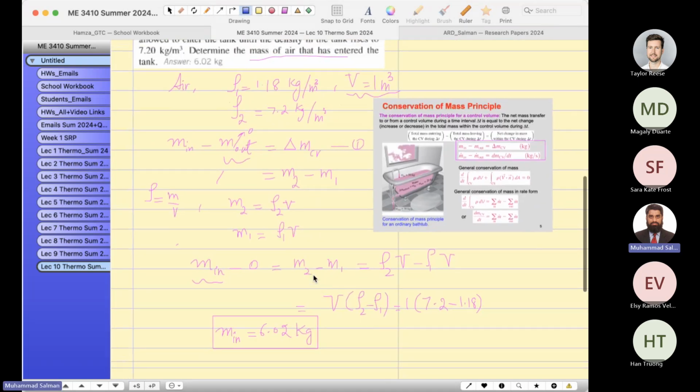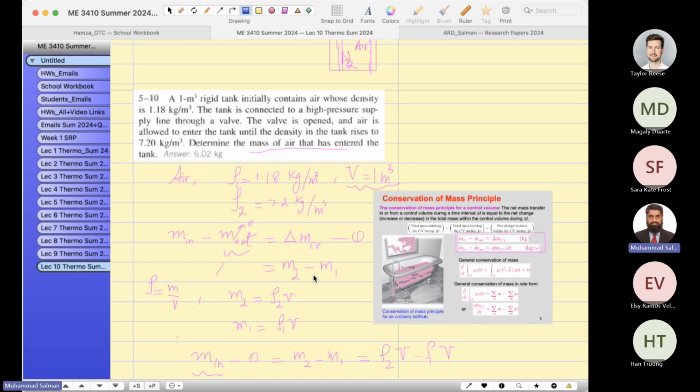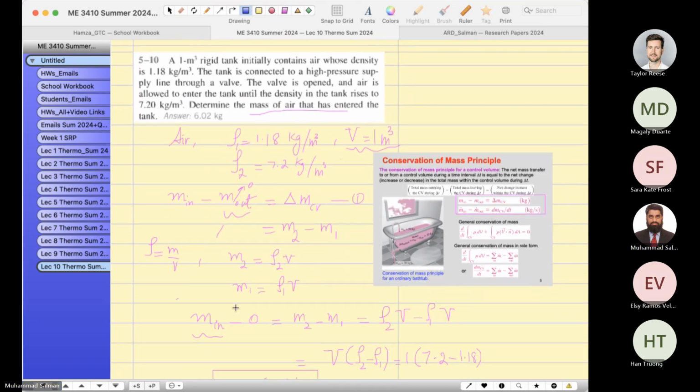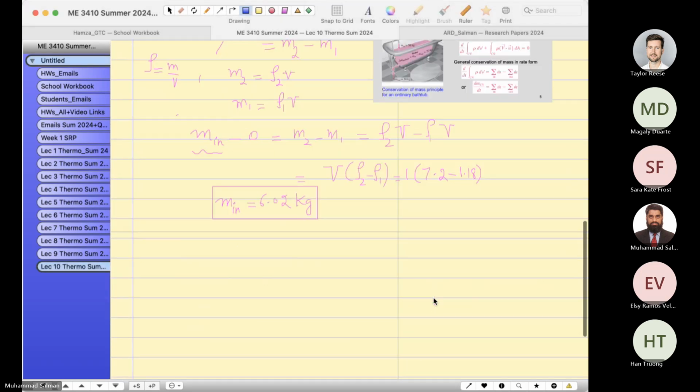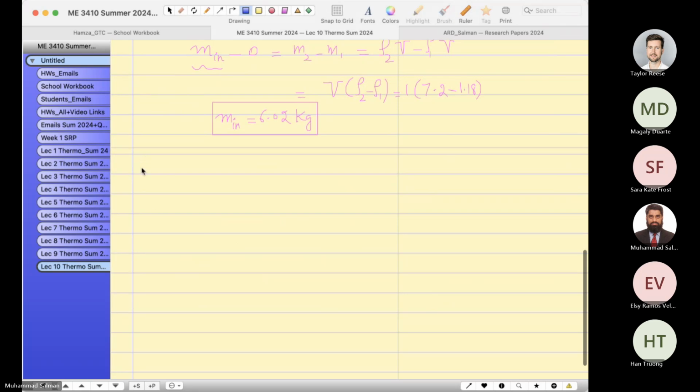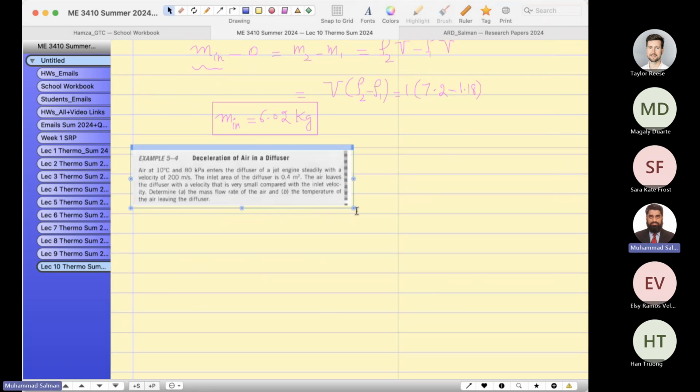Is it a steady flow process or unsteady flow process? This is, of course, an unsteady flow process.